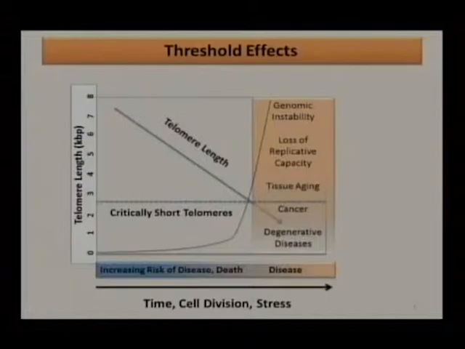But once telomeres get to that threshold length, and it may differ between individuals, you see massive genomic instability. As the chromosomes become uncapped, they can recombine with other short telomeres, causing a cycle of what's called fusion bridge breakage and genomic instability. So there's, in this period here, this timeline going forward, which can be just chronological age or number of cell divisions, it's influenced by a variety of stressors, there's increasing risk of disease.